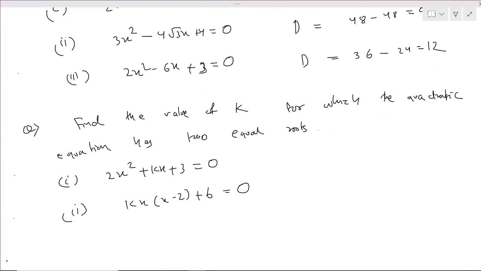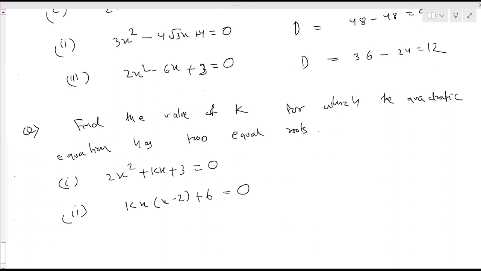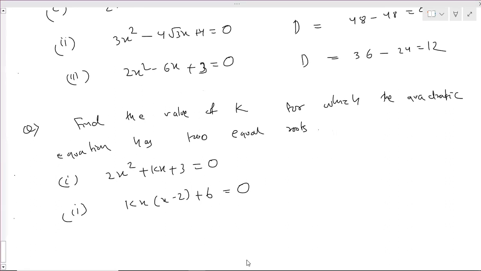Understood the question? Yes, but for the second one, I need to multiply them out, because kx square minus 2kx. Absolutely.